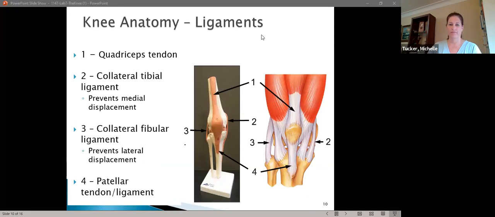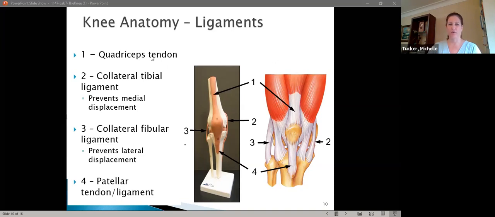For the ligaments that are going to stabilize the knee, the knee is relatively unstable. There's actually a fair amount of movement that occurs at the knee. There are a lot of supporting ligaments, and we will be looking at 4 of those.